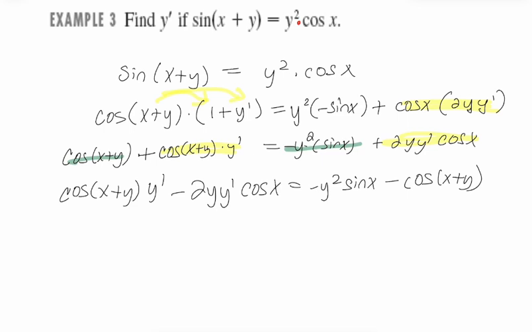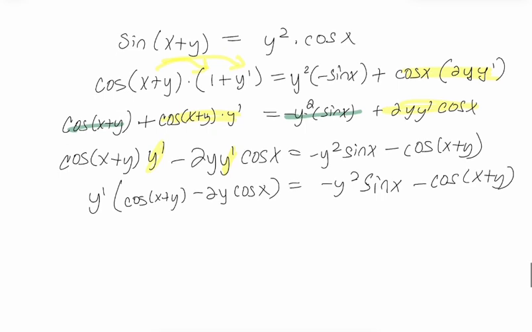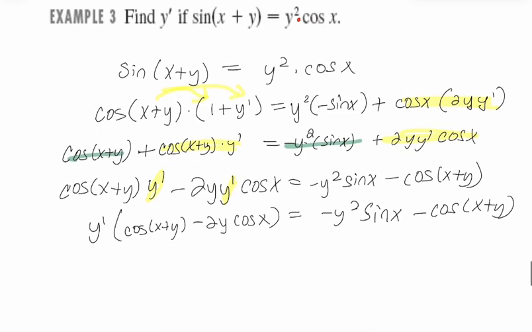Okay. Now the next step, always the next step, is to take your y prime and factor it out, lay it out in front here. And then you just rewrite the stuff that was there without a y prime in. So this would be cosine of x plus y minus 2y cosine of x. We're going to divide, and then we're done.